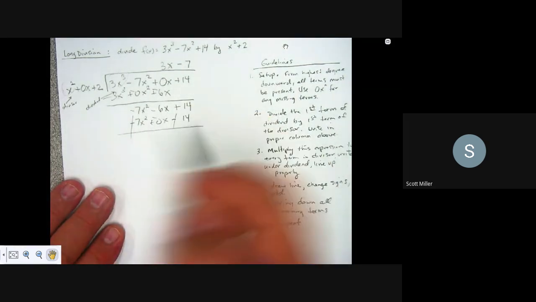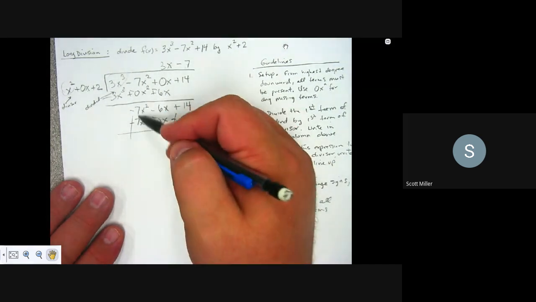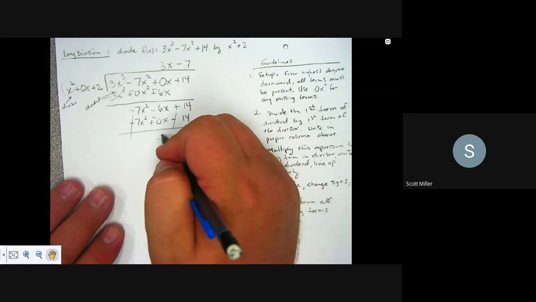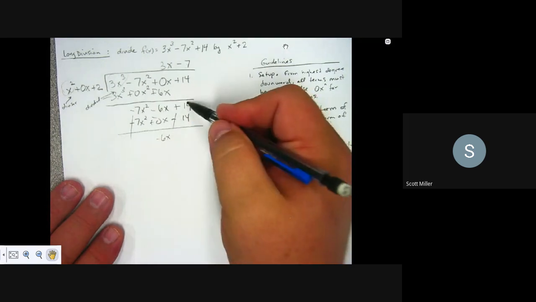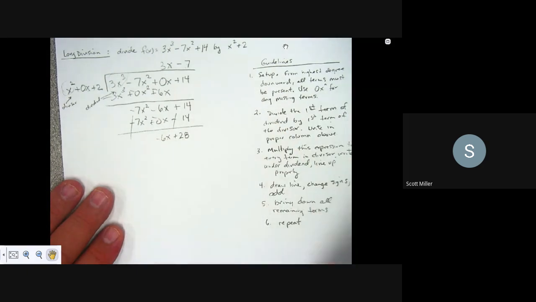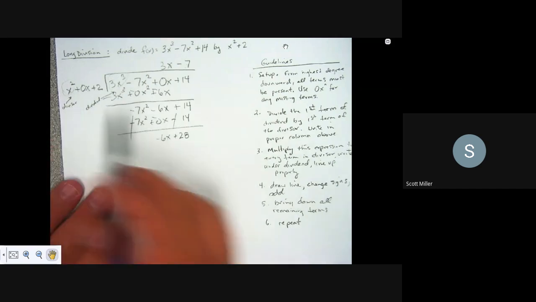Change the signs. See how I make it pretty obvious what I'm doing? And then add these up. So that will be a 0. Negative 6x plus 0 is a negative 6x. And then negative 14 plus 14... rather, 14 plus 14 is plus 28. This exponent is smaller than that one, so you are done.